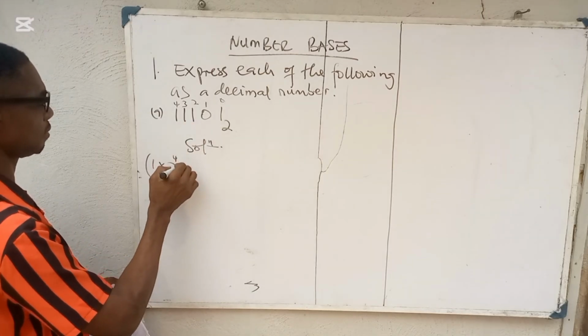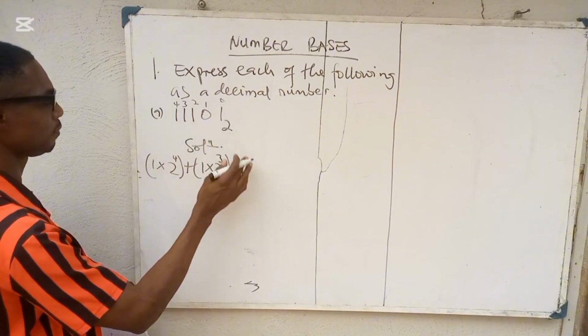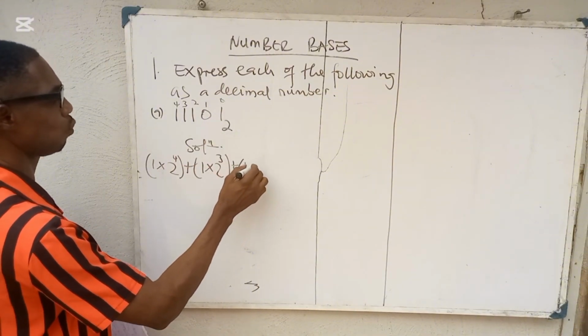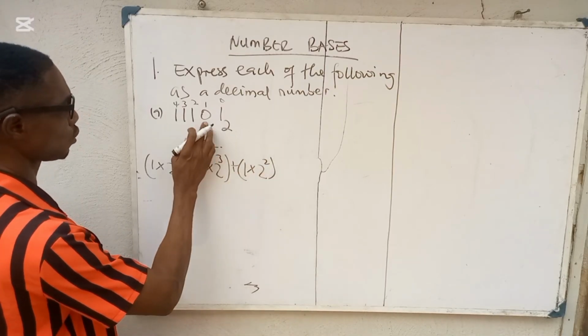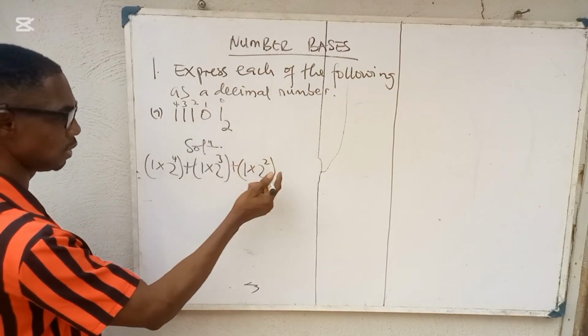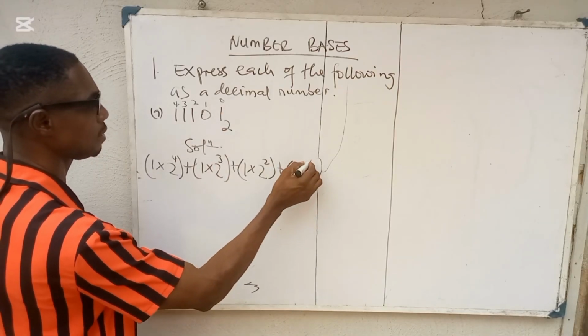Expand this way. 1 times 2 raised to power 4, plus 1 times 2 raised to power 3, plus 1 times 2 raised to power 2. Then for 0, you're still going to come back to 0, so there's no need. Plus 1 times 2 raised to power 0.